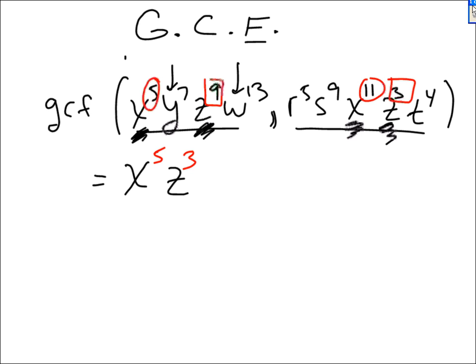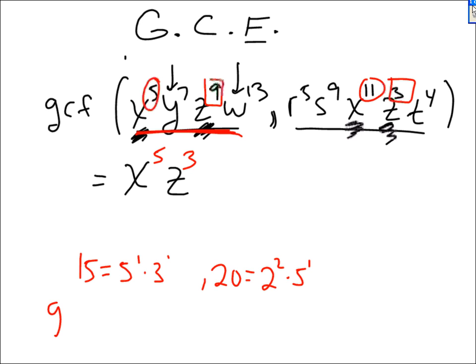The numbers, first you have to write the numbers like this. Like we did with 15. We said 15 is 5 to the 1 times 3 to the 1. And we said 20 was 2 squared, which is 4, times 5 to the 1.